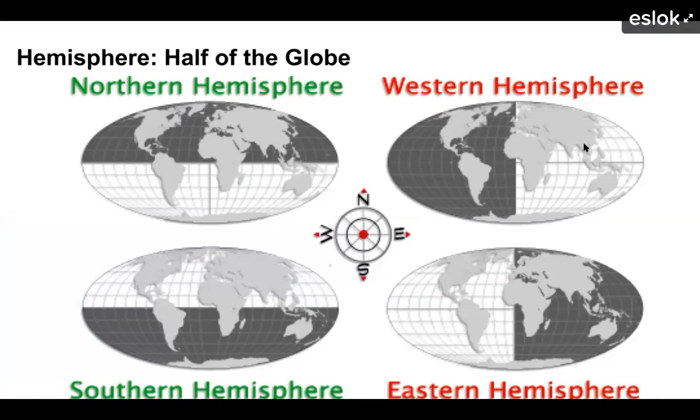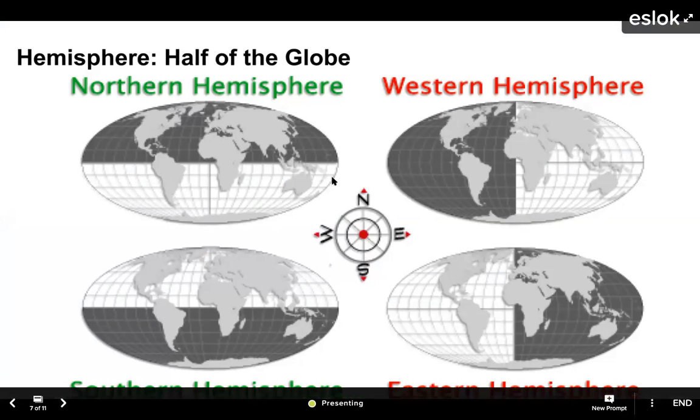One half of the globe is known as a hemisphere, right? It's an old Greek word meaning half of the globe. So either these lines are going to be cutting them up from side to side, or up and down, giving us these 4 quadrants. You have the northern hemisphere, western, southern, and eastern, right?